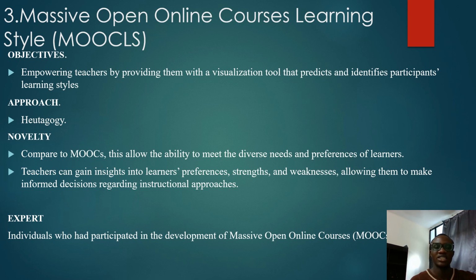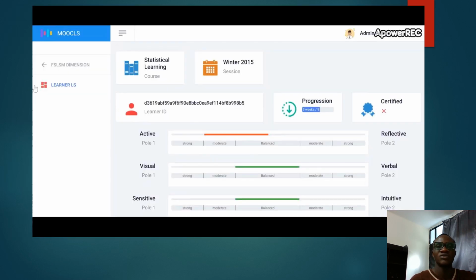They are the ones that validate this massive open online course learning system, since they already have an idea of using MOOCs. So they were used as experts for MOOCLS. And this is how MOOCLS looks.